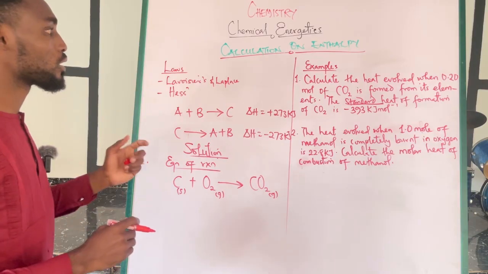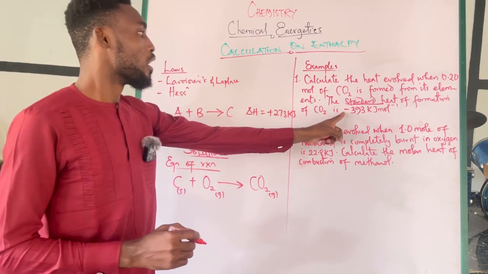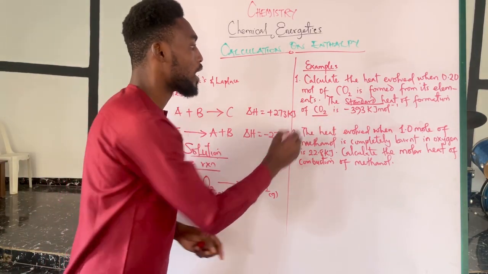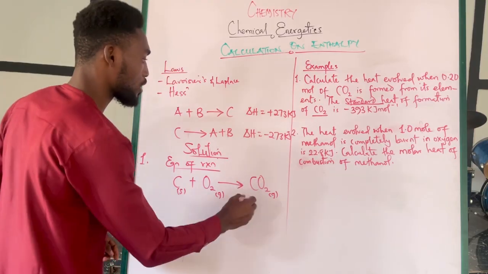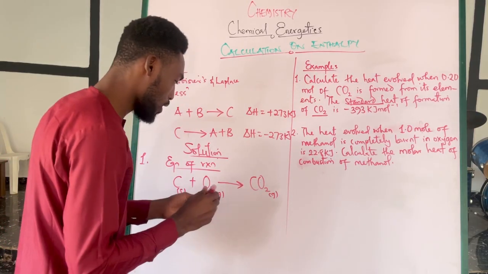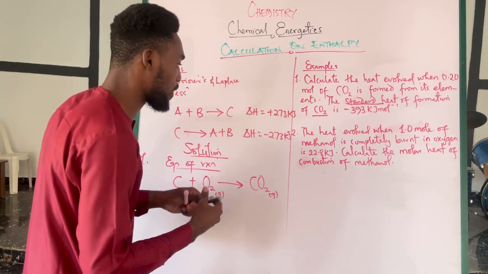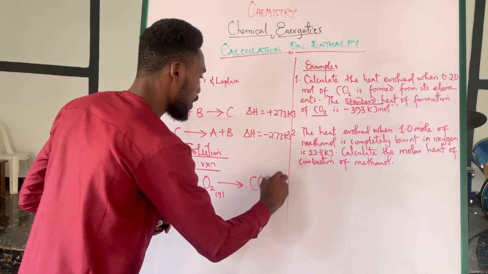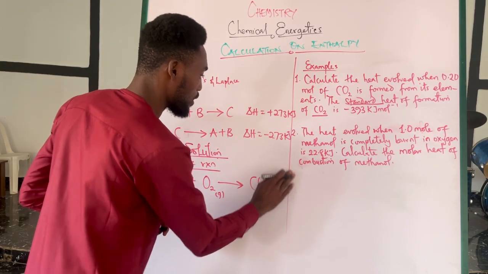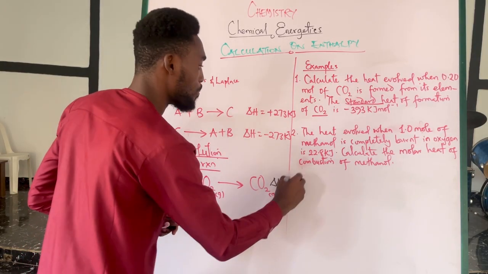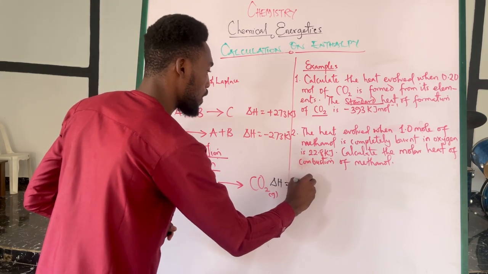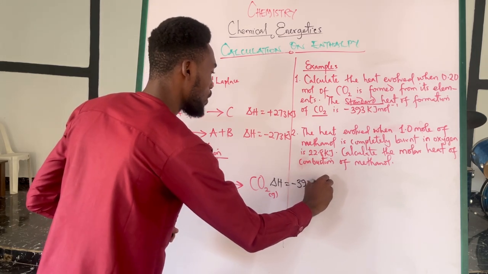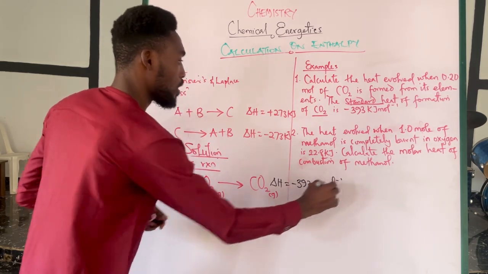So if we say that this 1 mole requires this energy, let me even write something here so that you can understand what I'm saying. I have to quickly write the change in enthalpy that happens here. Change in enthalpy here is minus what? 393 kilojoule per mole.